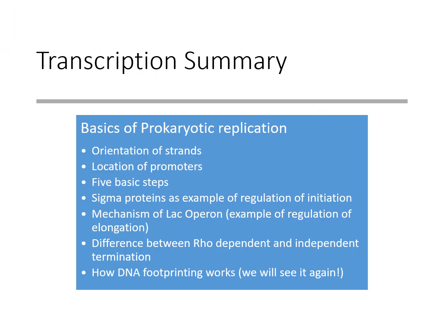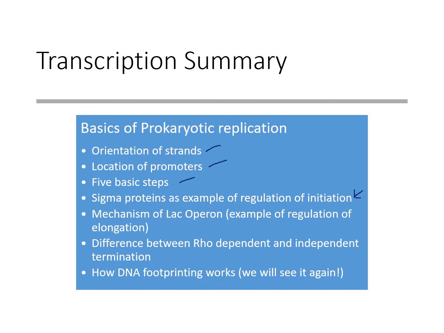So here's a summary of the stuff we talked about in this section. We talked about the orientation of the strands, the relative locations of promoters, and the 5 basic steps in the transcription cycle. Sigma proteins are an example of proteins that are involved in regulating the initiation of transcription, and they're tissue specific, so they're our first taste of transcription factors.